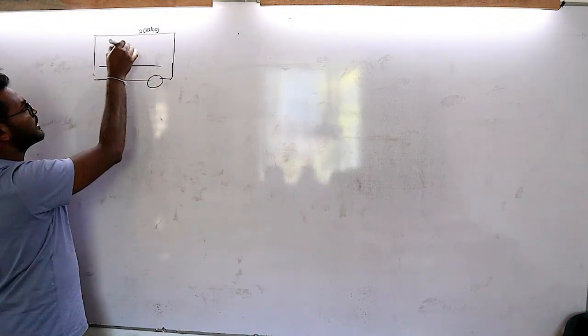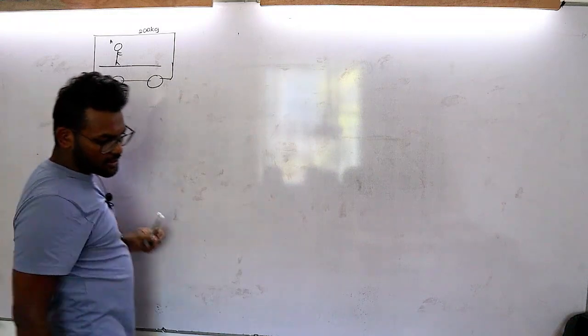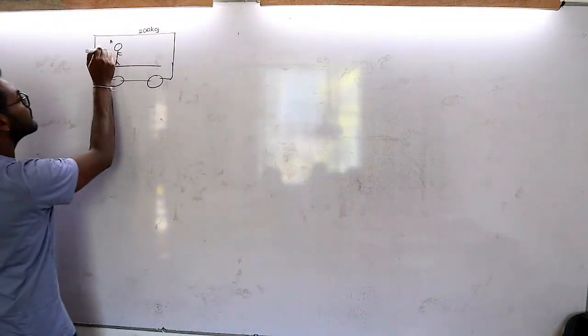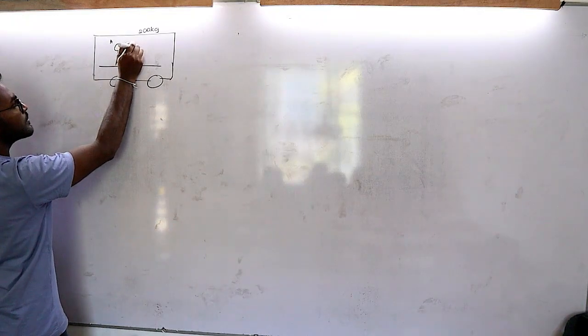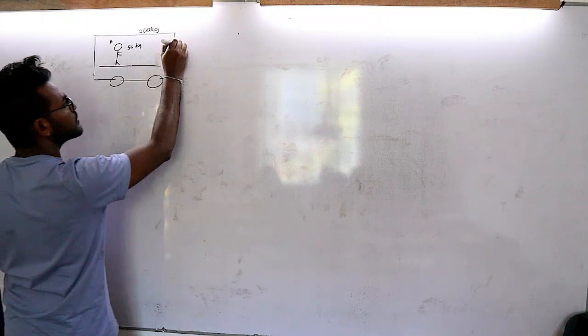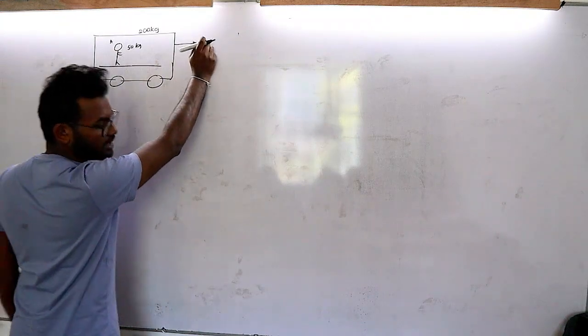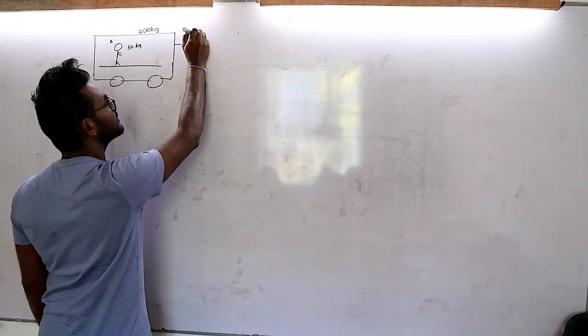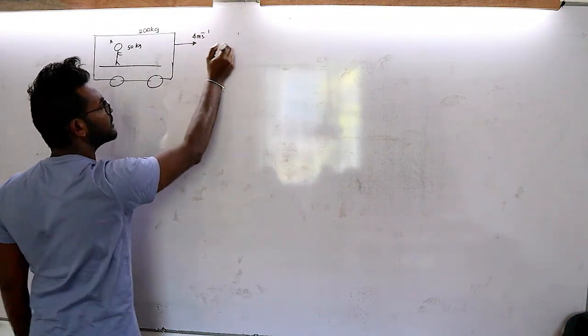This is a man with 50 kilograms. This was moving, maybe to be a bus, but a bus should have a higher mass, right? But 4 meters per second, whatever.